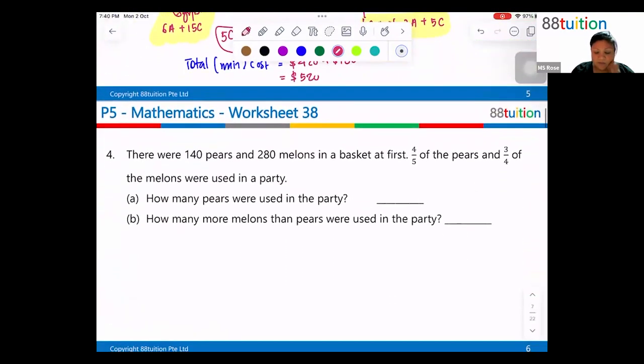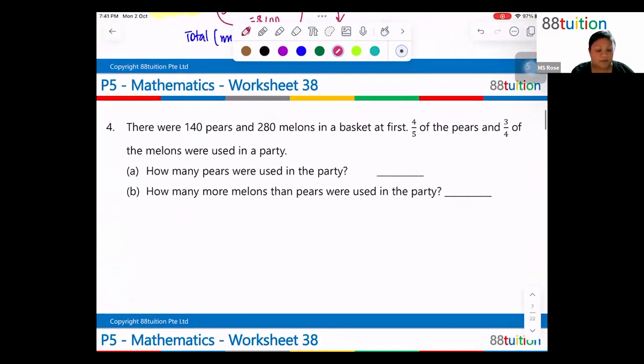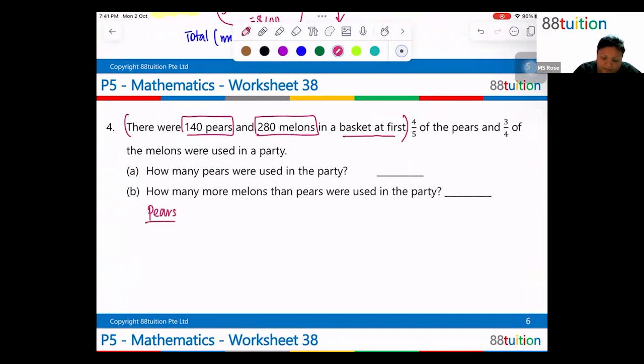Right, question number 4. In question 4, it says here, there were 140 pears and 280 melons in a basket at first. Okay, now, so pears, you have 140, and melons, there are 280.